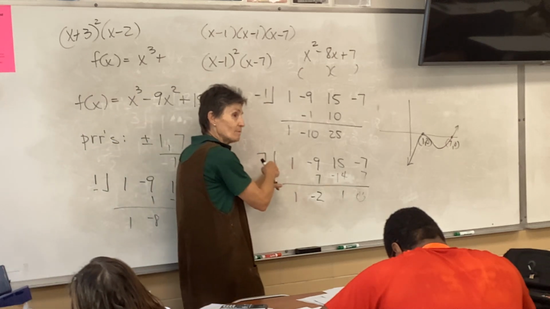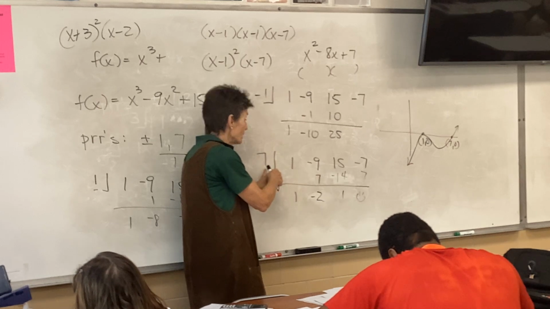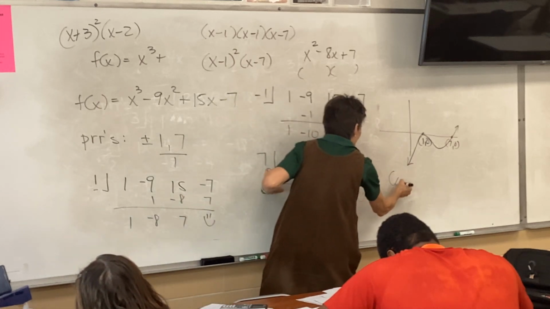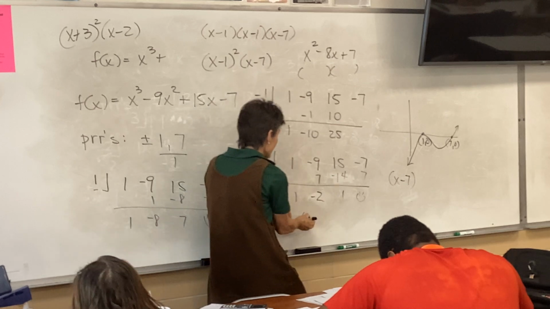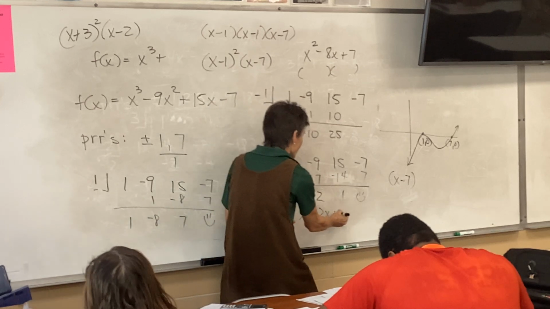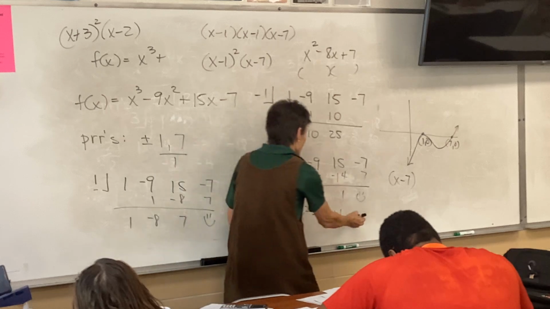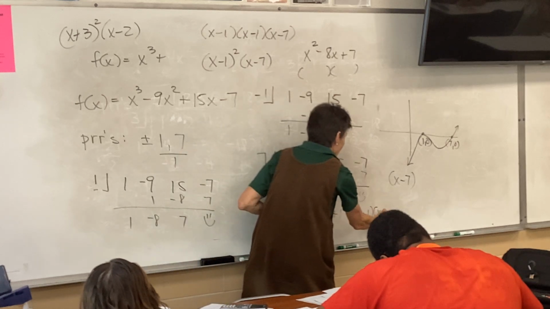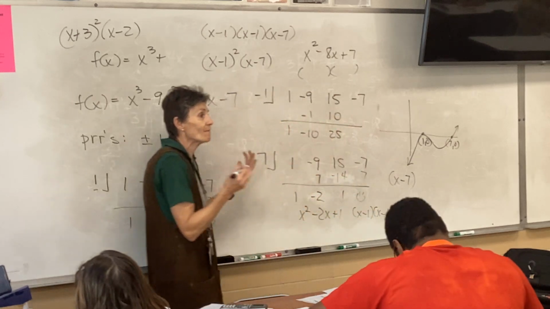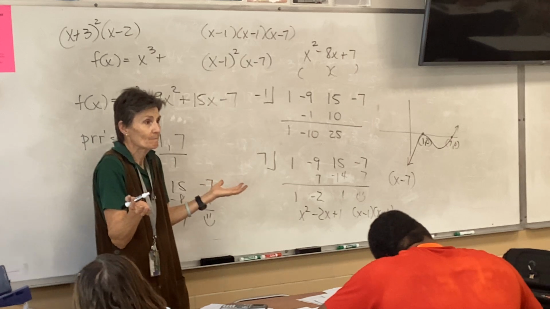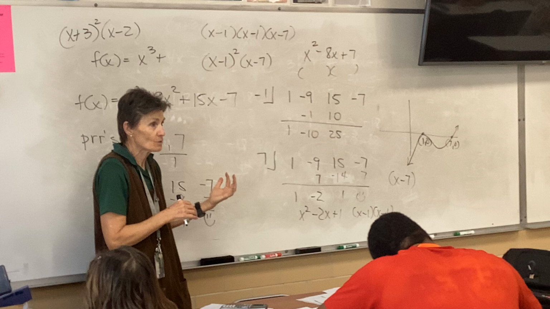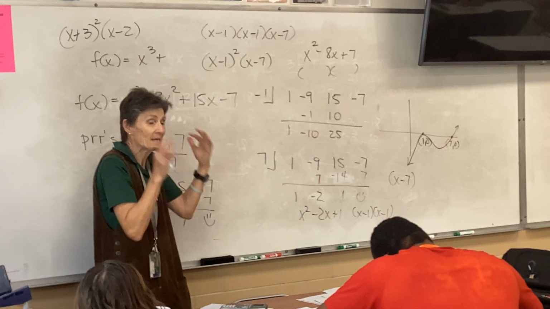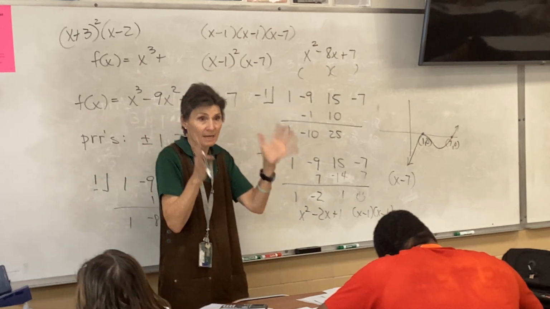But if I would have had the correct one here, then that would mean I had an x minus 7. And then this is x squared minus 2x plus 1, which is x minus 1, x minus 1. So would I have ended up at the same result? Yes. So everybody's gonna be picking different numbers but ending up with the same answer.